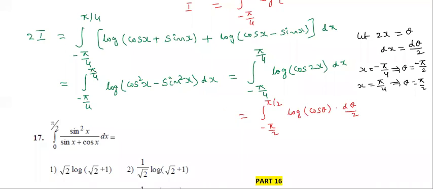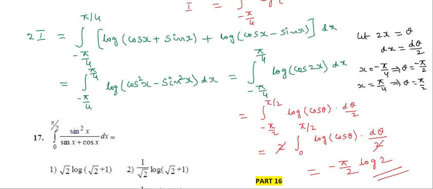Integration minus a to a is there, means how we are writing? 2 into integration 0 to a, that is 0 to pi by 2 log of cos theta into d theta by 2. So here 2 cancel. Now finally integration 0 to pi by 2 log cos theta value is minus pi by 2 log 2. This is the answer.